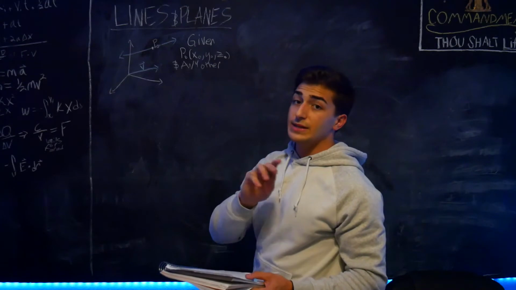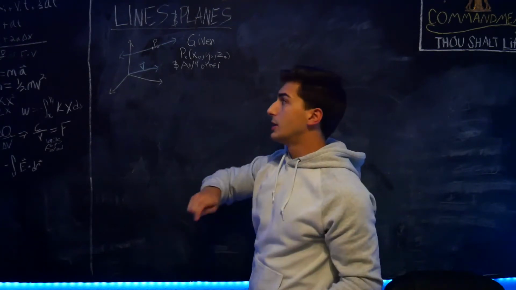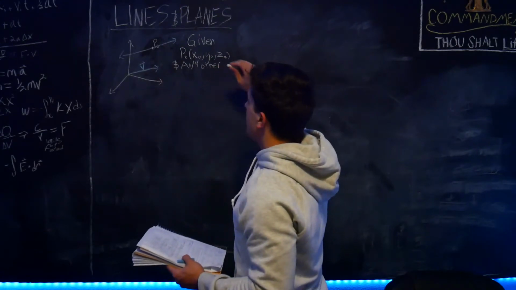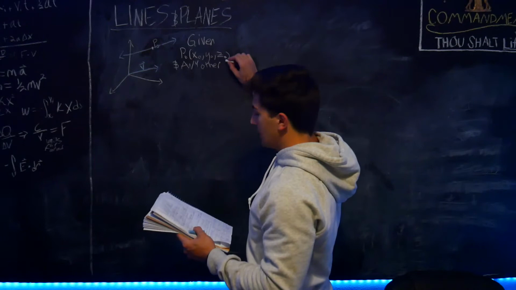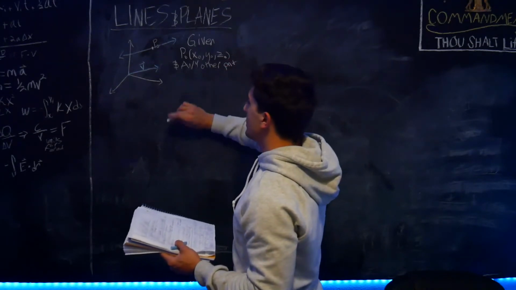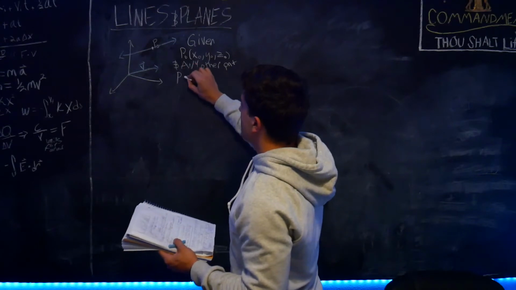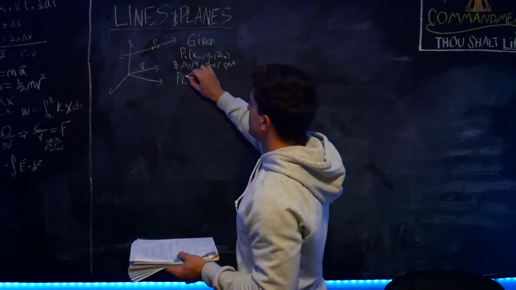Don't use that word, but you know what I'm saying. It's going to be parallel to this vector. Any other point, let's just say P. I'm going to abbreviate PNT. Any other point, P, and since we didn't do the sub-zero, this is going to be what?